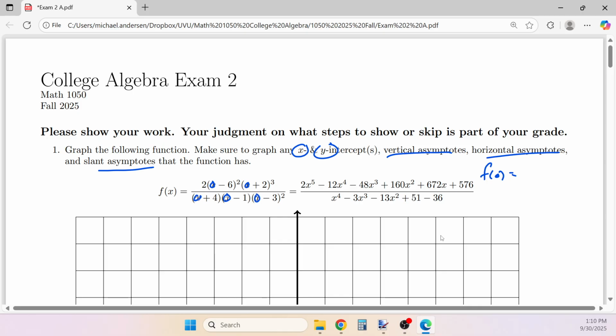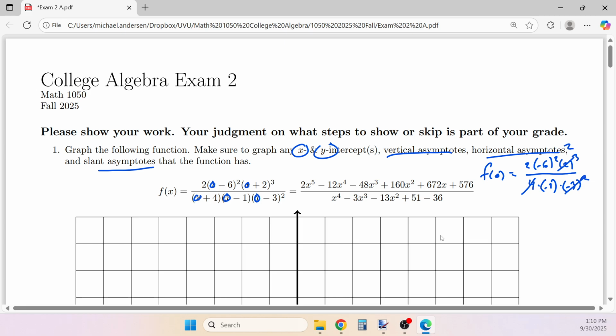Put in zeros here, and we get 2 times negative 6 squared times 3 over 4 times negative 1 times negative 3 squared. I cancel a 4. This is 8, so now it's 2.